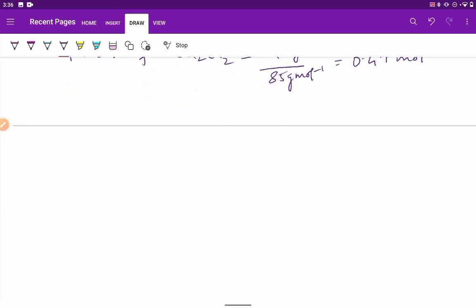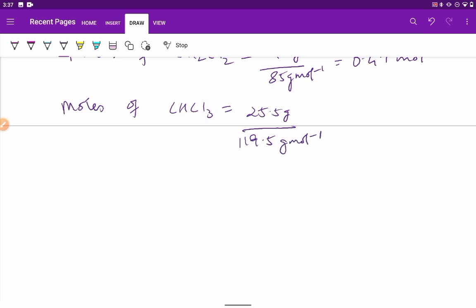Next, moles of CHCl3, given amount 25.5 divided by 119.5 gram per mole, that you got as the molar mass.